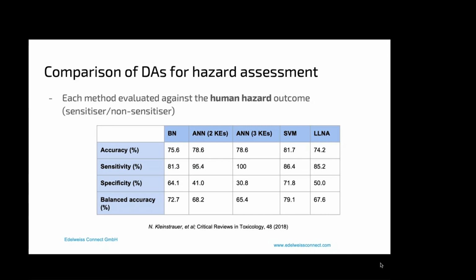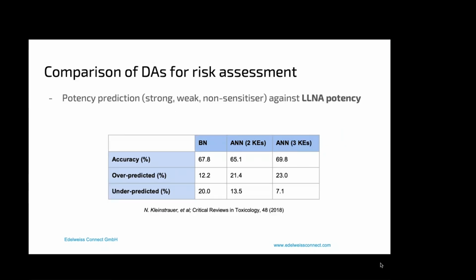Also, if we continue, I have 2 slides for comparing the risk assessment. Here we compare Bayesian and neural networks, how well they predict potency, and they have comparable accuracy. Of course, the number of over- or under-predicted compounds is different, but the accuracy is comparable.